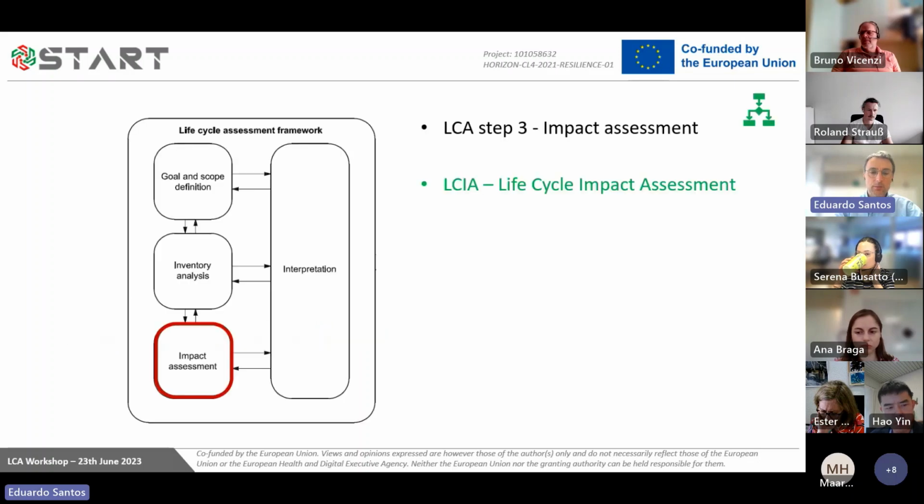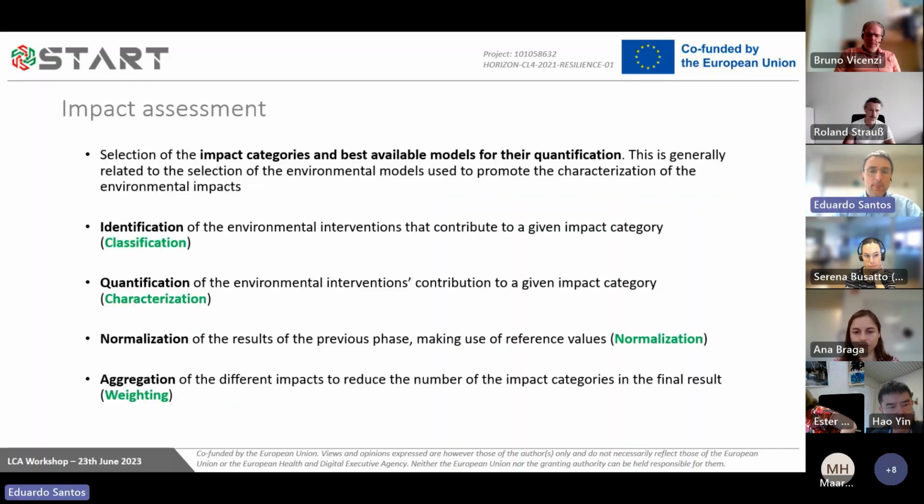So, impact assessment. Before the interpretation and the conclusions, this is one of the most important parts, where basically the inventory, or the inputs and outputs, are converted into impacts. That is done using, first of all, the classification, so identification of the environmental interventions that contribute to a given impact category.